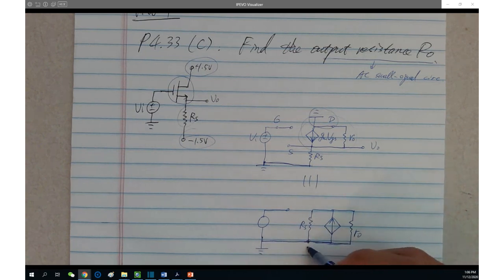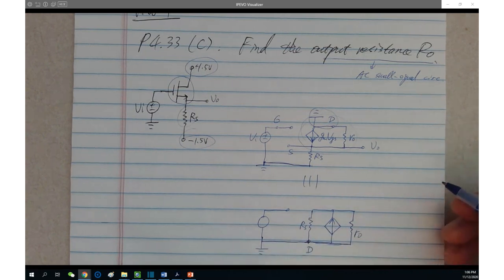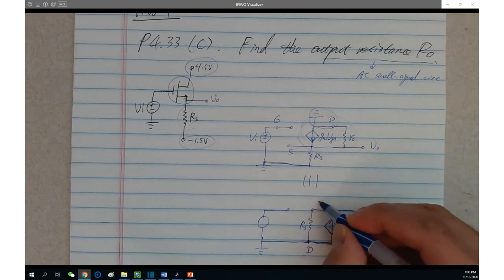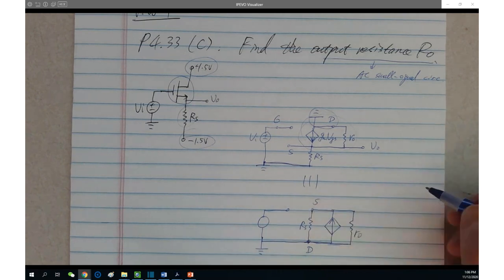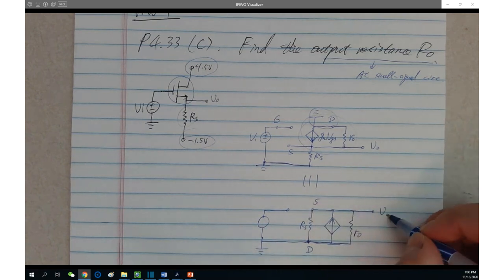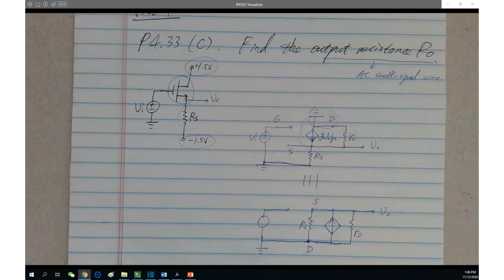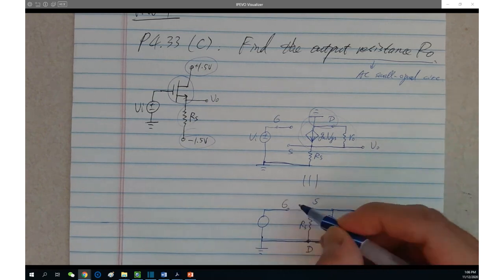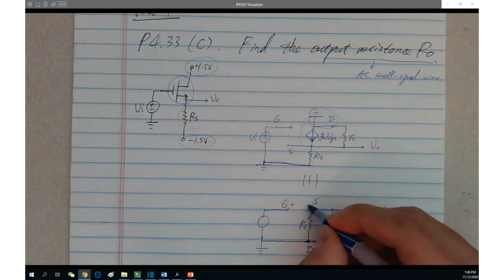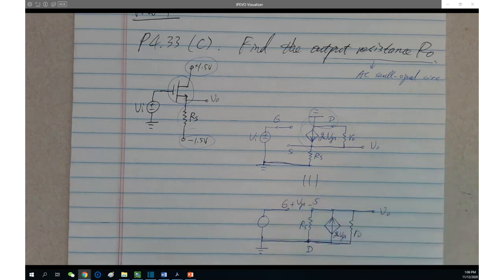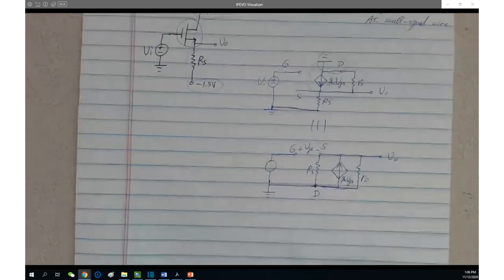So down here, this is the drain, as I said. Up here is the S. Remember, if we flip this circuit down, here is gm VGS, and VGS obviously is here.